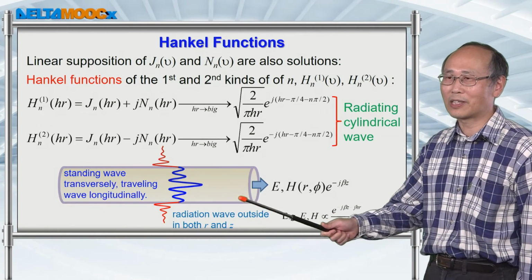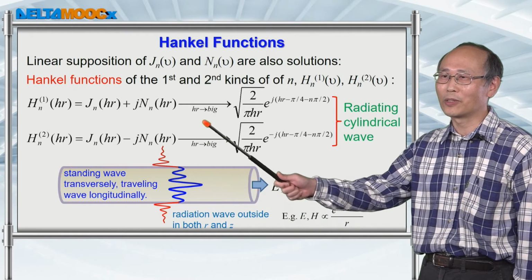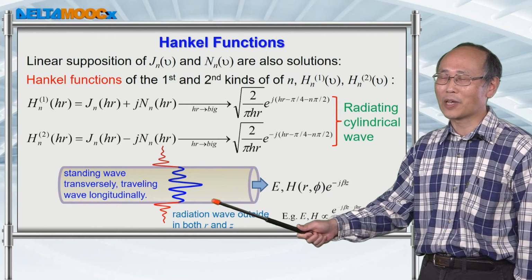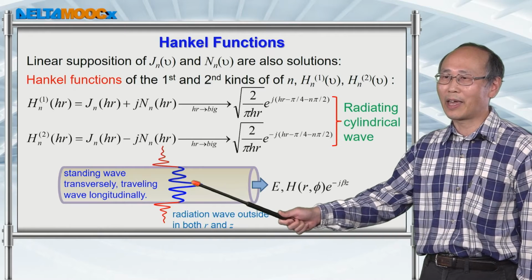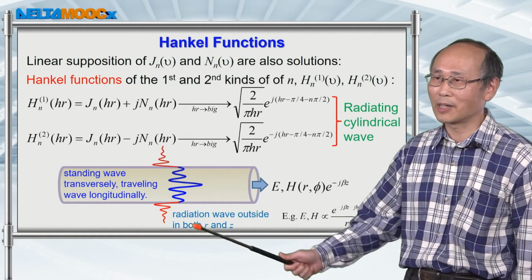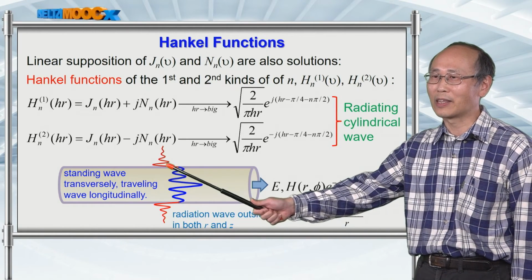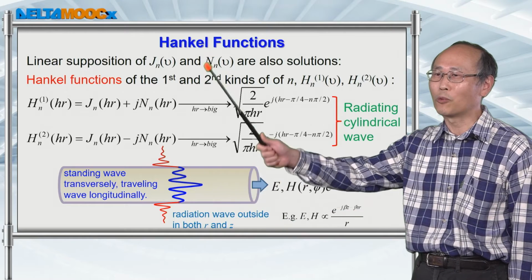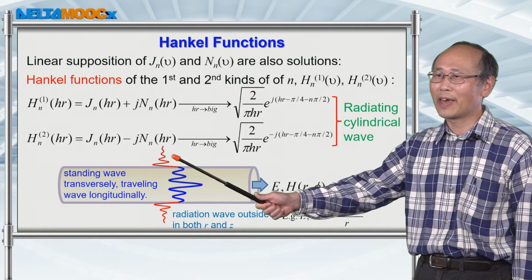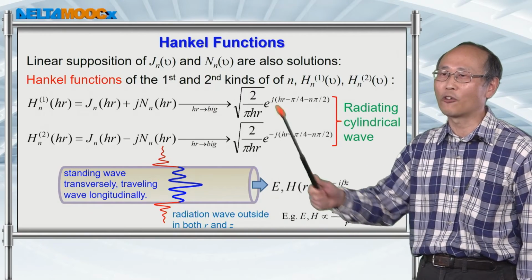And the cartoon shows you the scenario where you want to use this solution. For example, if you have a waveguide with some leaking field like this, and the radiation just leaks away from this waveguide, then this part of the field and this part of the field will be described by the Hankel function.